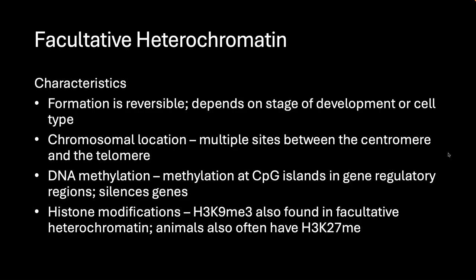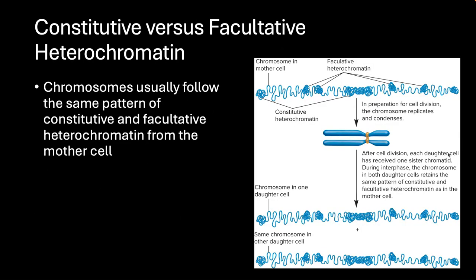This is generally found between the centromere and telomeres. When these genes are found as heterochromatin, they tend to be methylated at the CpG islands in the gene regulatory regions.